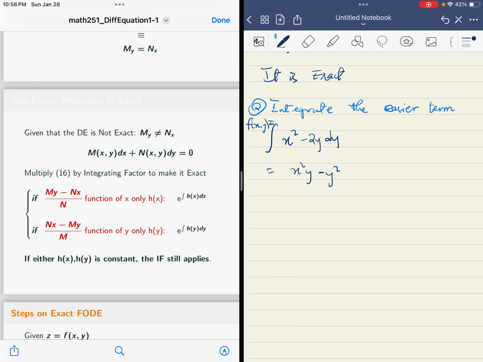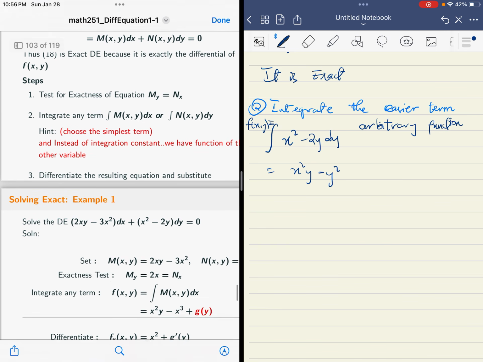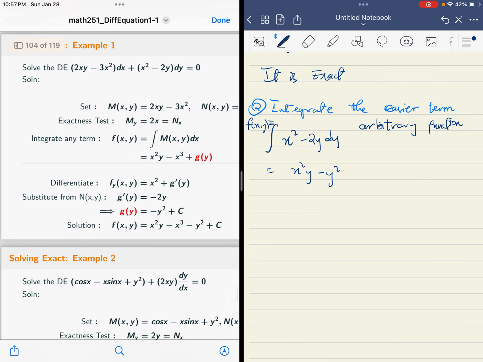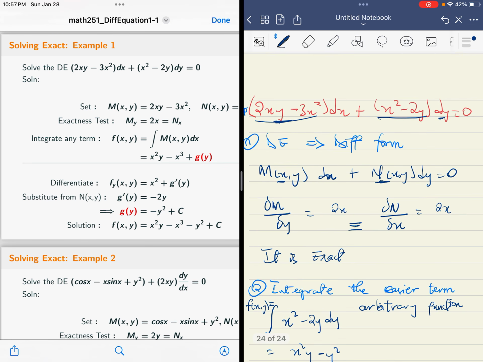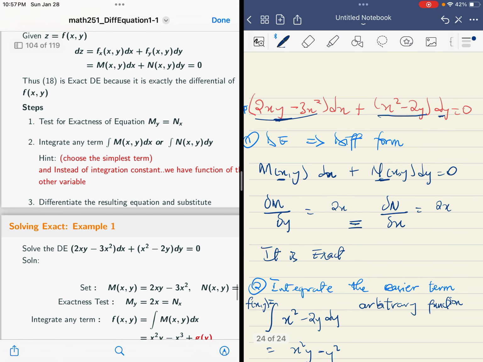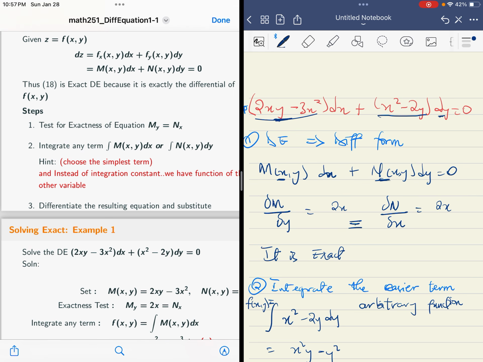And I'm talking about an arbitrary function. The arbitrary function we are talking about is this: we picked up N of x,y right here and integrated with respect to y.